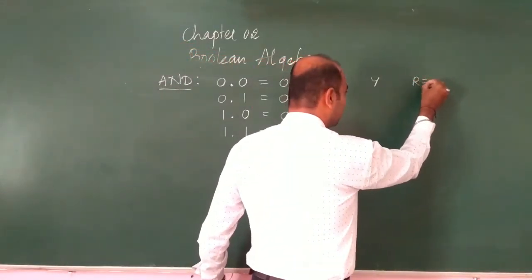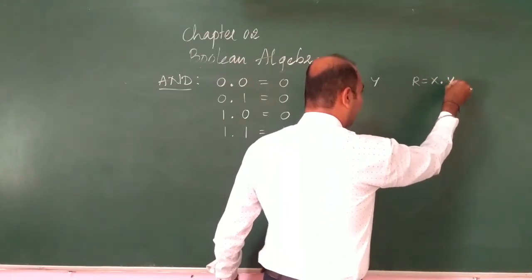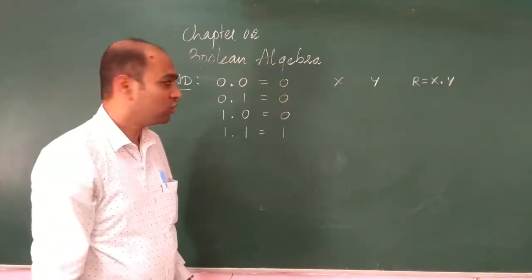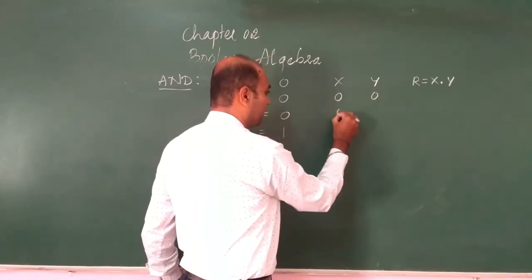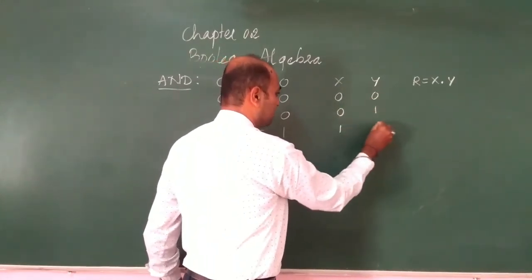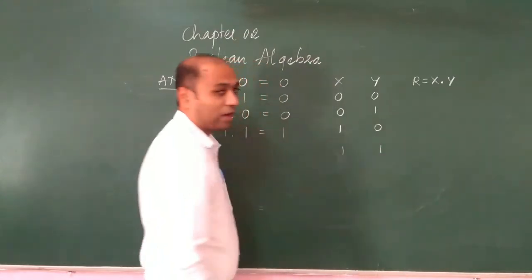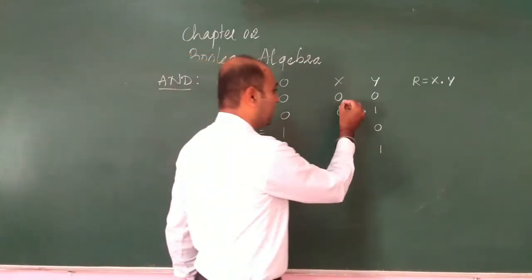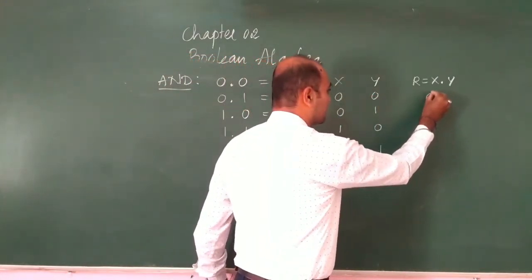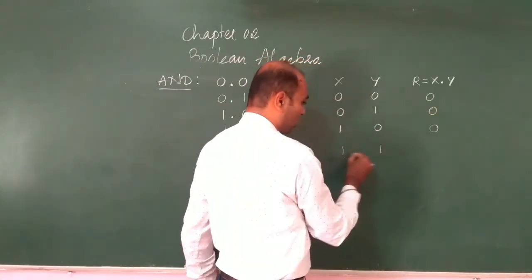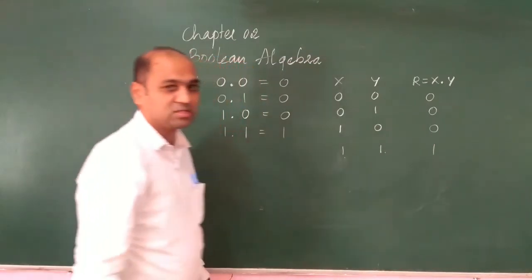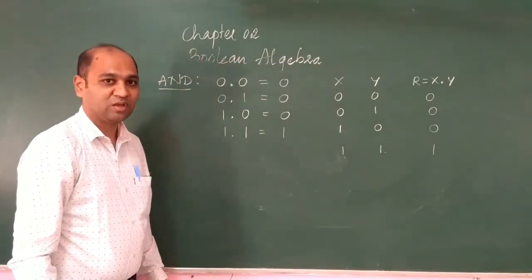Otherwise, you can write r is equal to x and y. Dot you need to write. Yes. Let us write the values of x and y. That is 0, 0, 0, 1, 1, 0, then 1, 1. Correct? Yes. So here 0 into 0 is 0. 0 into 1 is 0. 1 into 0 is 0. 1 into 1 is 1. Hence the truth table. Okay?